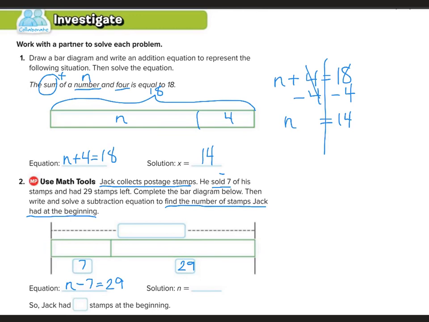So if I had n minus 7 equals 29, I could add 7 to both sides. This becomes 0. N equals 29 plus 7, which is 36. So Jack had 36 stamps at the beginning.